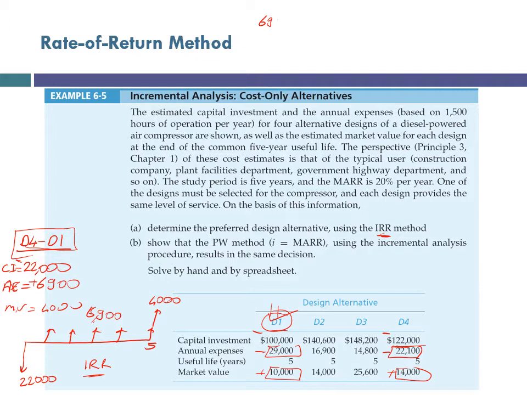So this 6,900 P given A, the interest rate that we want to find, time is 5 years, plus the market value at the end. This time it is P given F, I, and 5 years. From these positive values, I'm going to subtract the capital investment, which is already at time 0, and I will make this equal to 0 and try to find this I value, which will give me the internal rate of return.